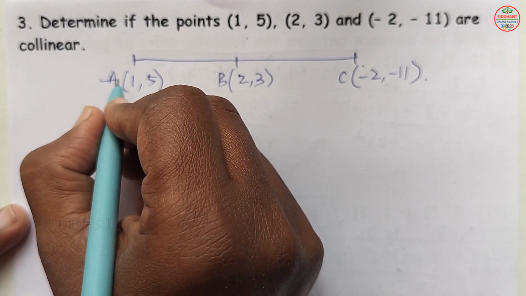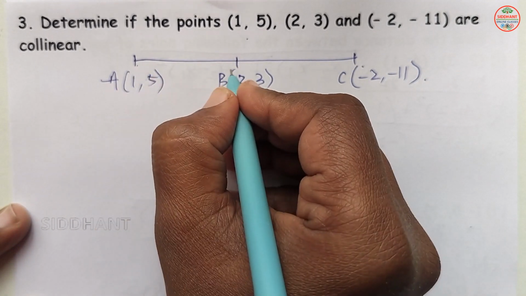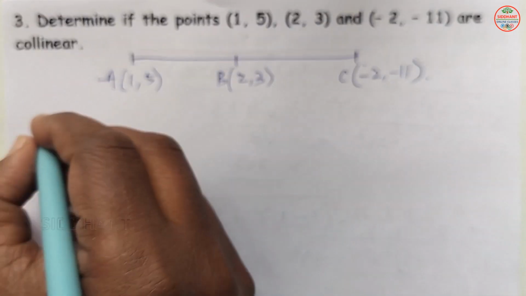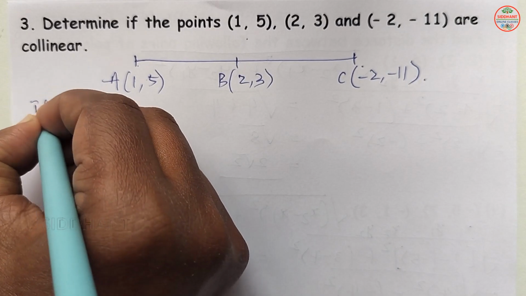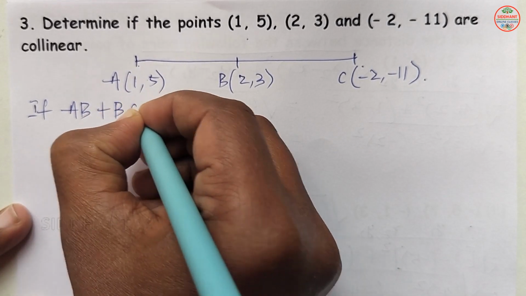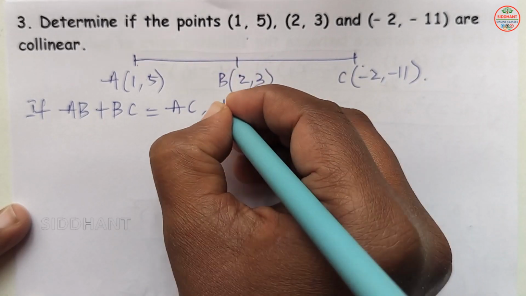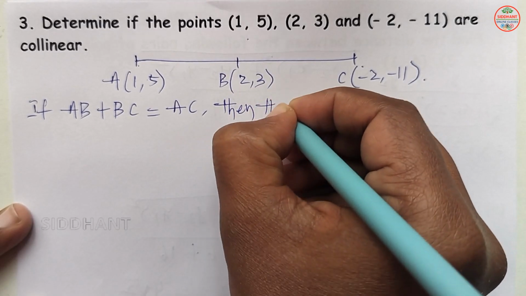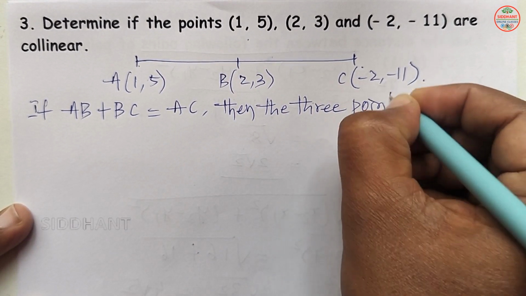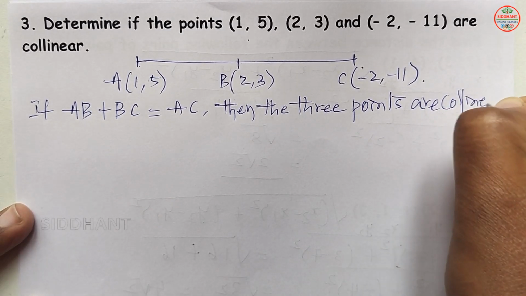So when the situation is this way, we can conclude that the distance AB plus BC is equal to the distance AC. If AB plus BC is equal to AC, then we can say that the 3 points are collinear.